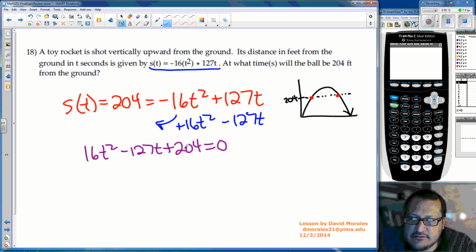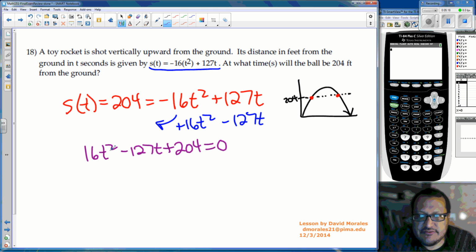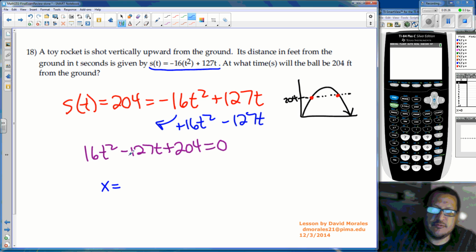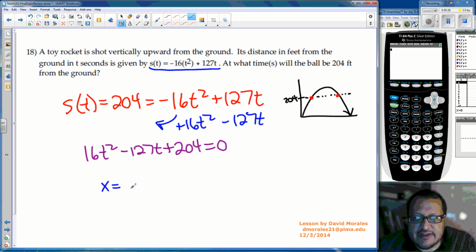So now I need to solve this quadratic equation. Now, it looks like it's going to be messy. I can't think of any obvious way to factor this. So when all else fails, and there's no easy way to factor this, we'll just use the quadratic formula.